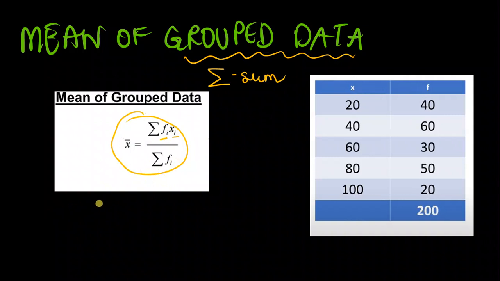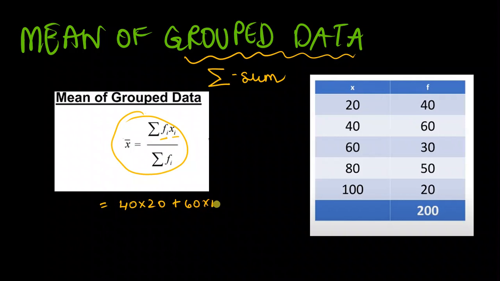If you are going to use this formula, summation fi xi, that means the sum, basically. That will be fi, the frequency of each value, multiplied with its value.